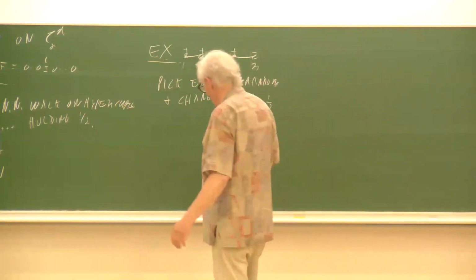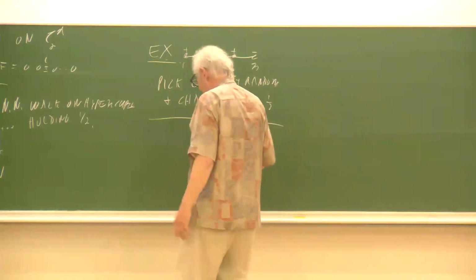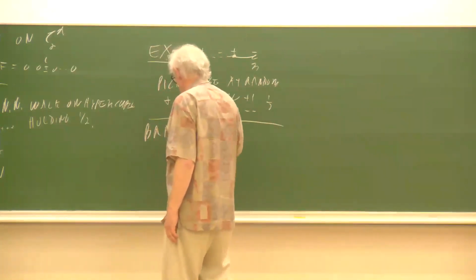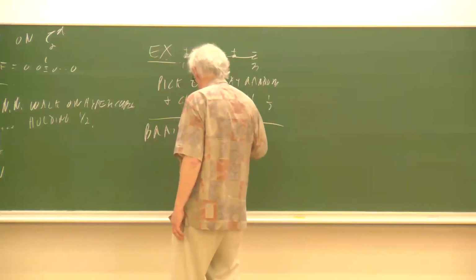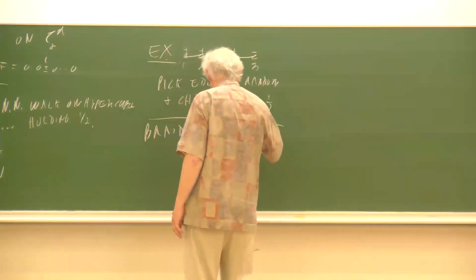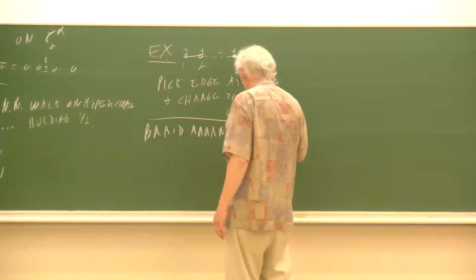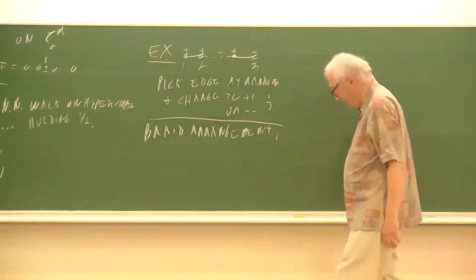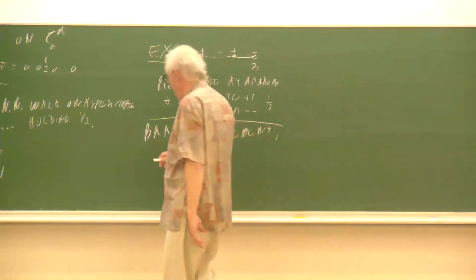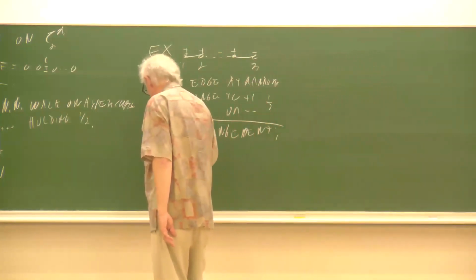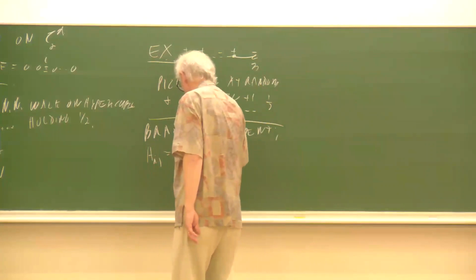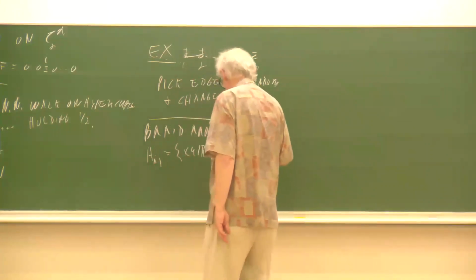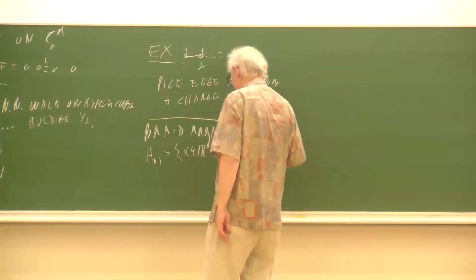Here's the next example, the braid arrangement. It's a famous arrangement in R^d, and the hyperplane H_ij is the set of all x in R^d such that x_i is equal to x_j.